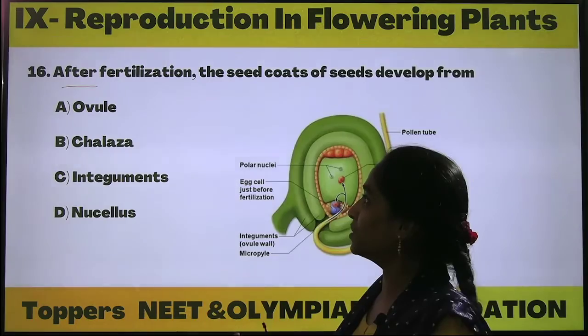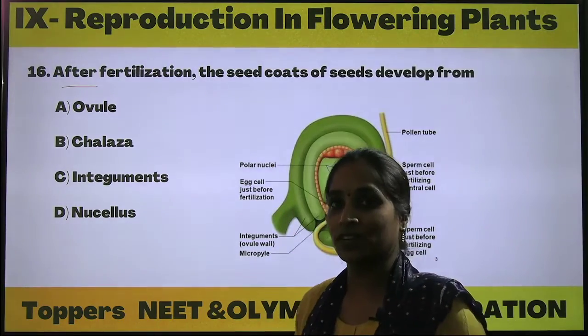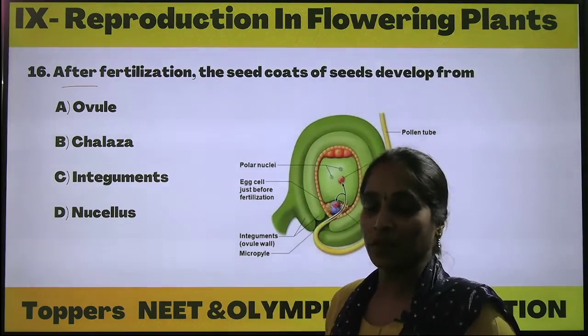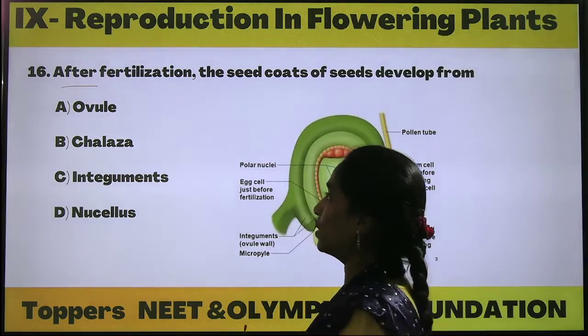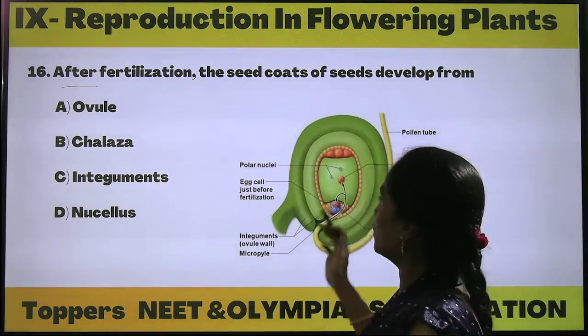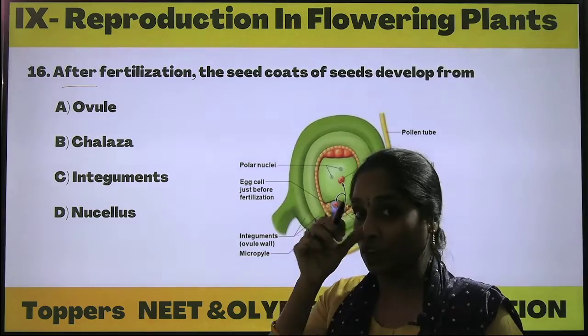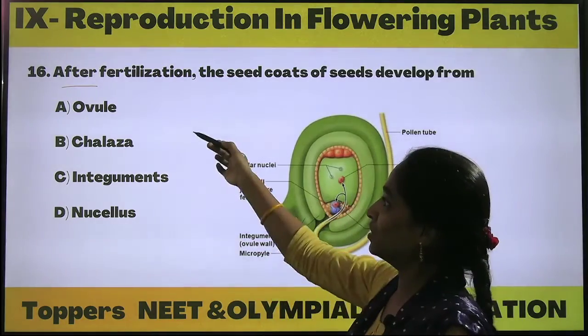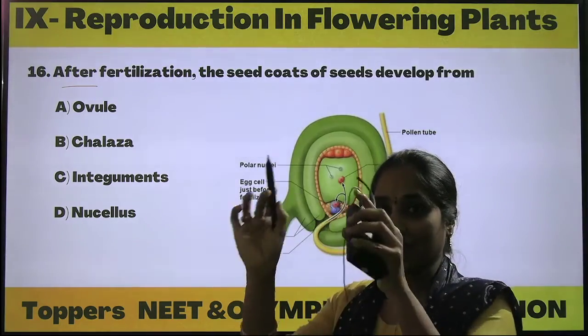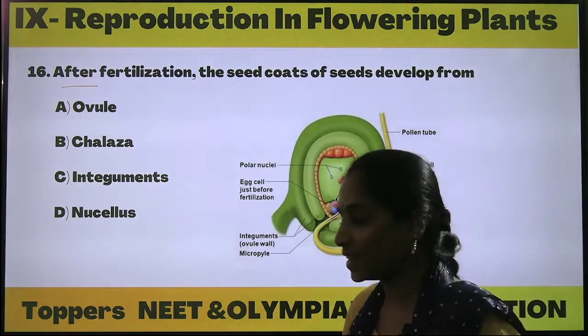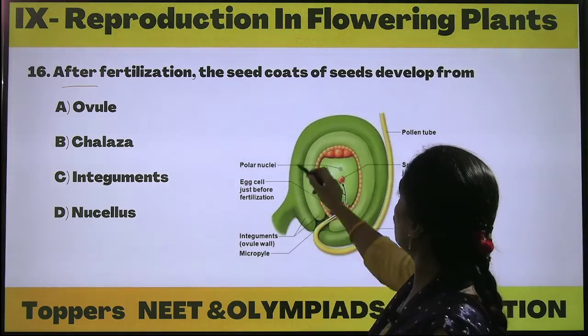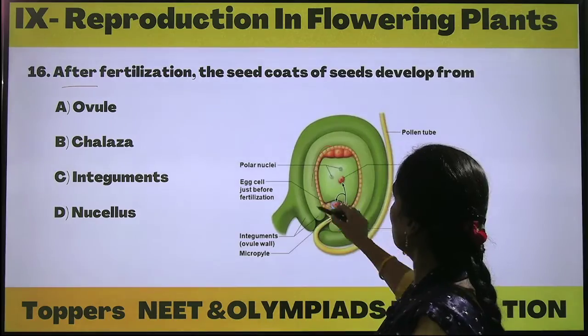Where can we observe the fertilization process? Fertilization occurs in the female reproductive organ of a flower called the ovary. Within the ovary we can observe multiple ovules. Within the ovule we can observe a sac-like structure called the embryo sac. This is the ovule structure and this is the embryo sac.